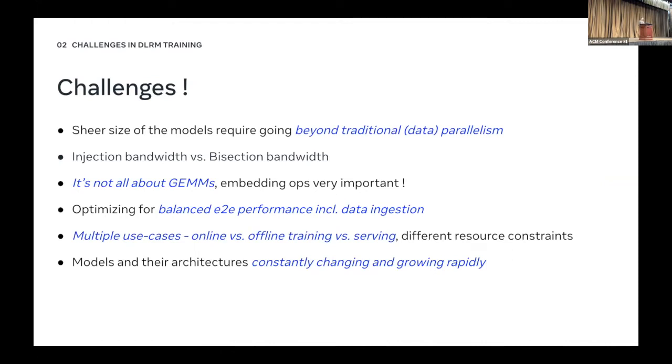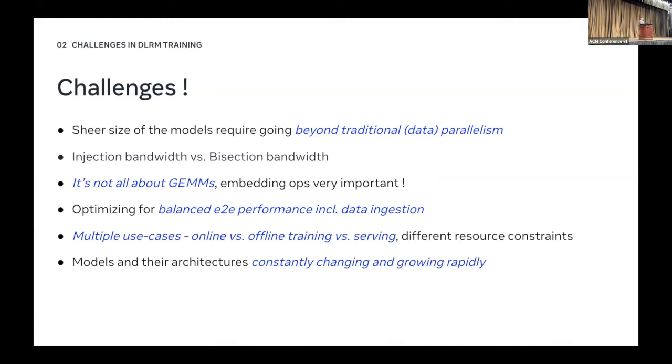So as a recap, challenges in training DLRM: the first thing is the sheer size of the model requires both data parallelism training and model parallelism training. And both of them actually stress different aspects of the network bandwidth, which means we actually need to provide both. And DLRMs are not all about GEMMs.